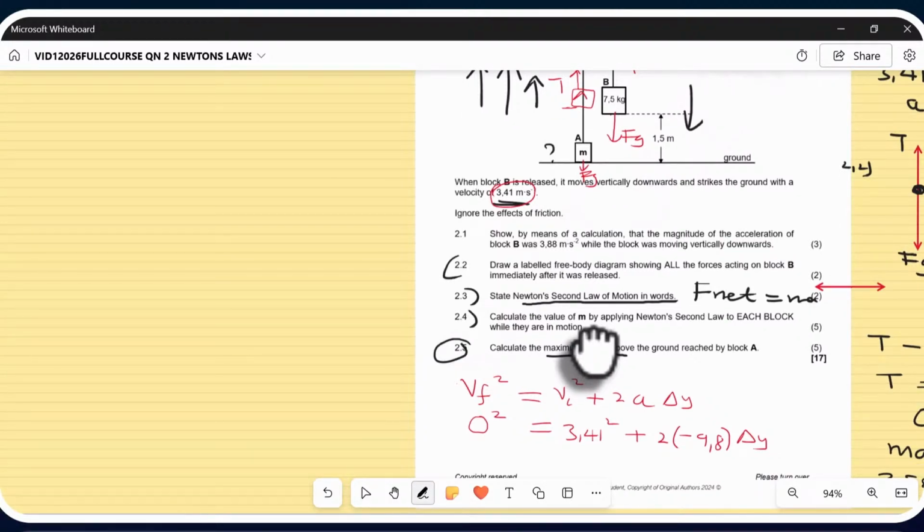So this is 0,59 meters. That is the extra height when block B hit the ground and block A continued upwards.